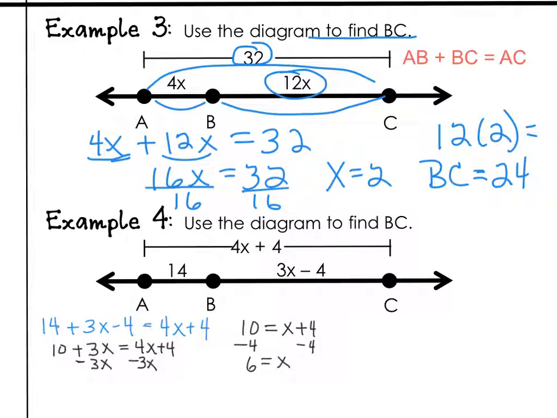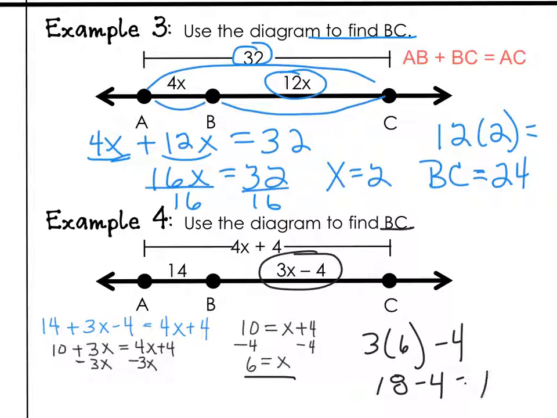Here's the work to solve for x. Now we simply substitute the value of 6 in for x. When we're looking for BC, we know that BC is 3x minus 4. So 3 times 6 minus 4, 18 minus 4 equals 14. And that's the answer to that one.